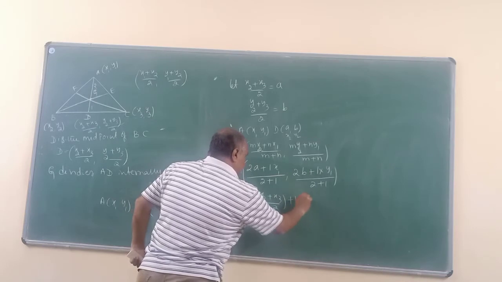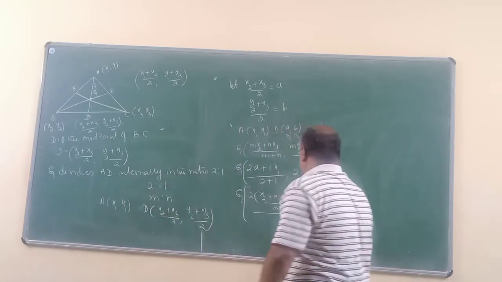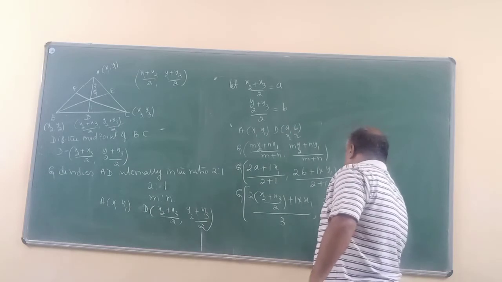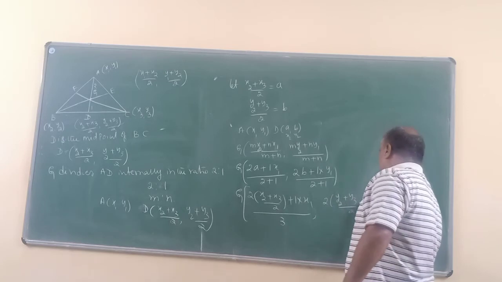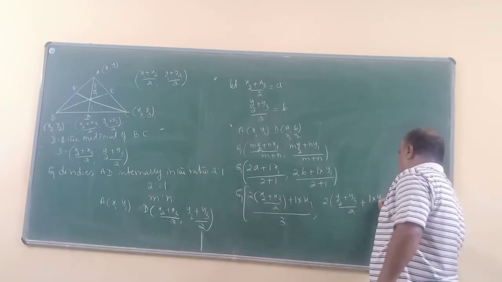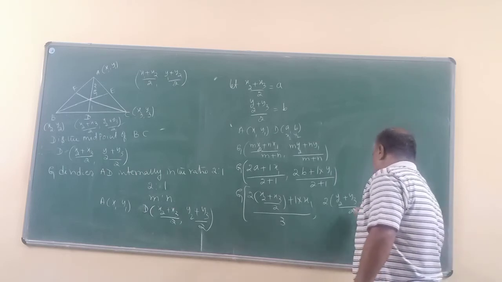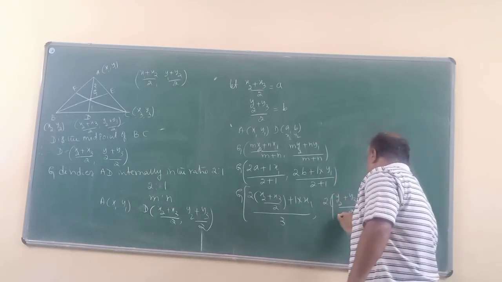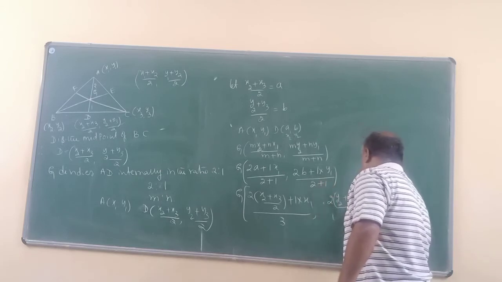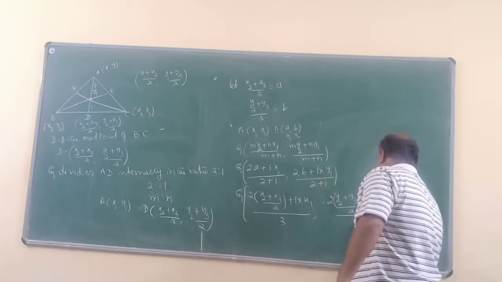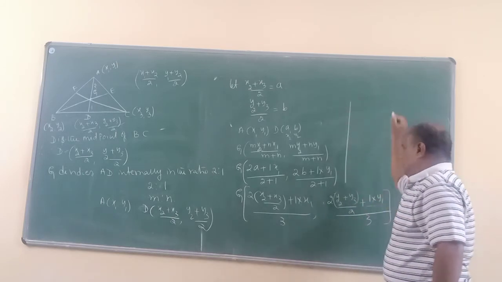Plus 1 into x1, divided by 2 plus 1, which is 3. 2 of y2 plus y3 divided by 2 and so on, divided by 3.